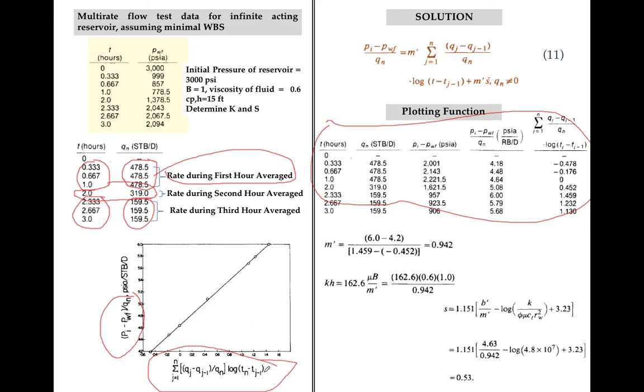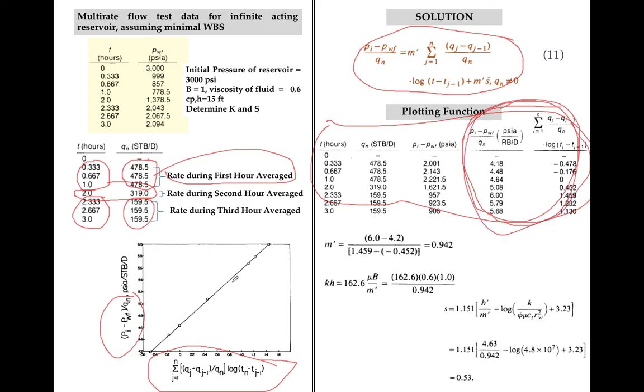Now this particular function is nothing but this equation. Okay, so this is a multi-rate equation that needs to be calculated here, and once you have this particular function, that is these two values, now these two values have to be plotted, right?